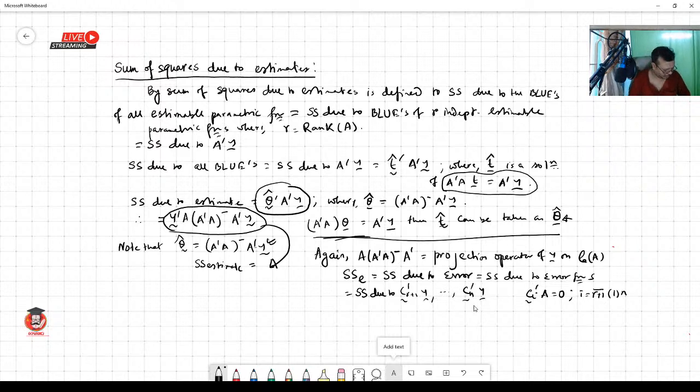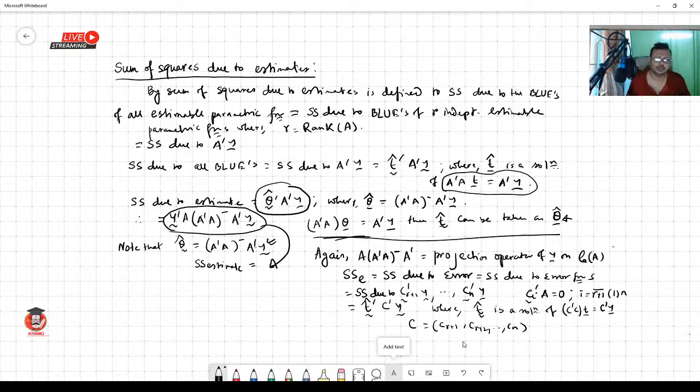So this is nothing but t hat prime C prime y, where t hat is a solution of the equation C prime C t equals C prime y as above, but here C is a matrix whose columns are constructed by the vectors C(r+1), C(r+2), up to Cn, instead of C1, C2, up to Cr.